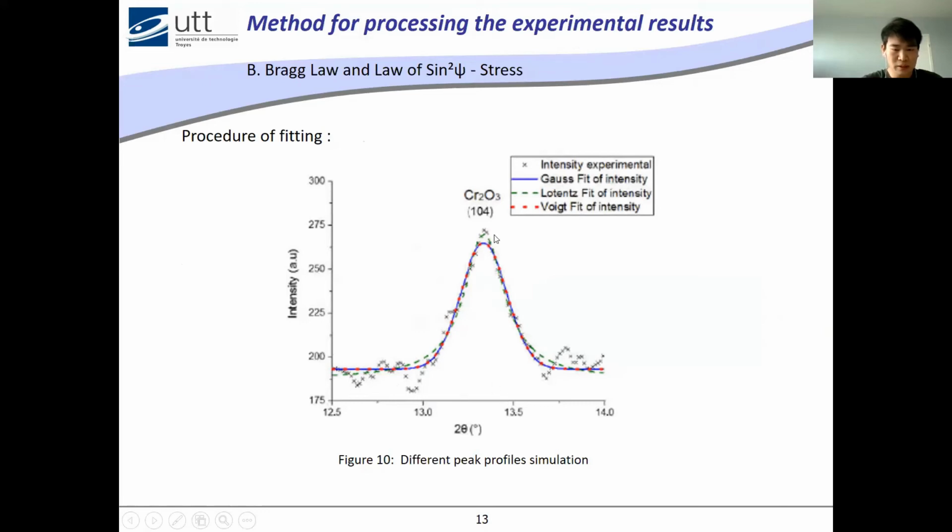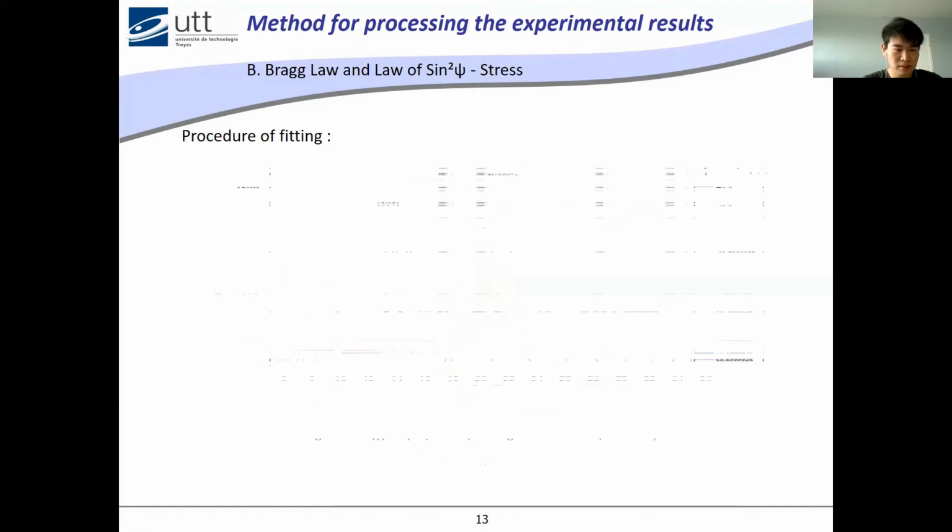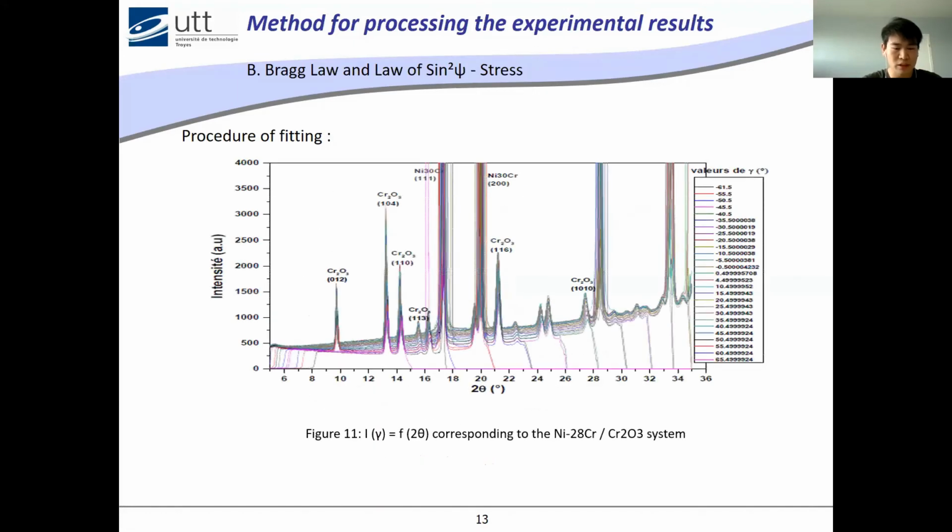For fitting the peak, we also tried several methods and chose the best method. We can finally get this figure. It is intensity as a function of 2θ for all the peaks and for all the γ.